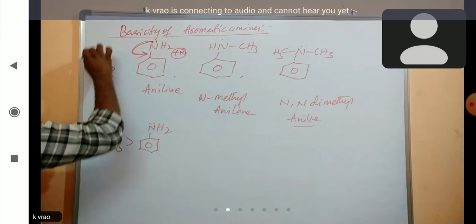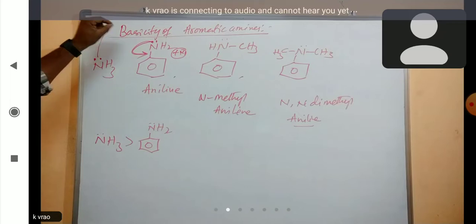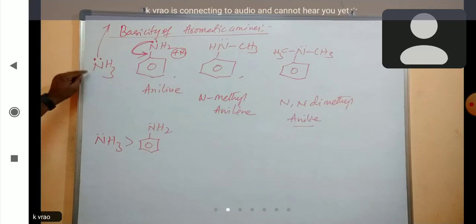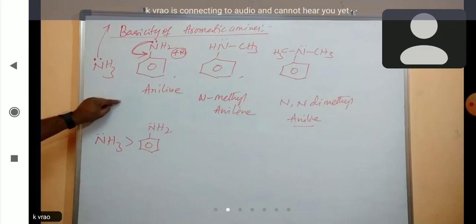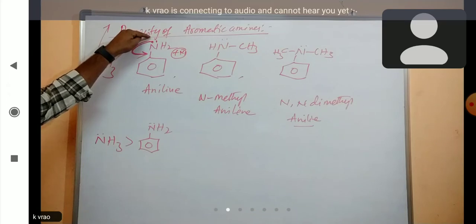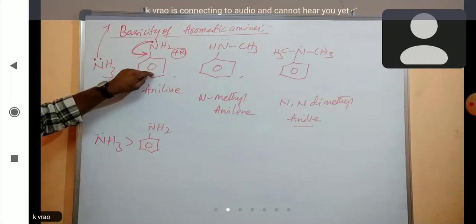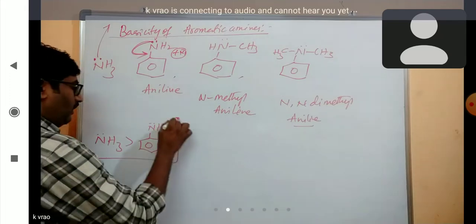The ability to donate a pair of electrons to any proton or electron deficient species is called basicity. If it is ready to donate the lone pair, it is a strong base. If it is unable to donate the lone pair, it is a weak base. Ammonia is the stronger base because its lone pair is directly donated to an electron deficient molecule, but in aniline the lone pair is involved in resonance, the plus M effect. So usually NH3 is greater than aniline.